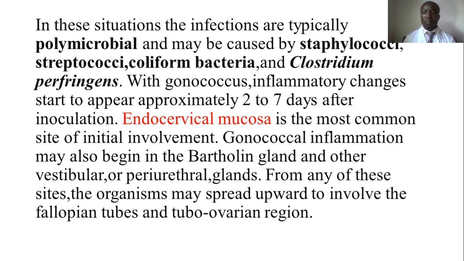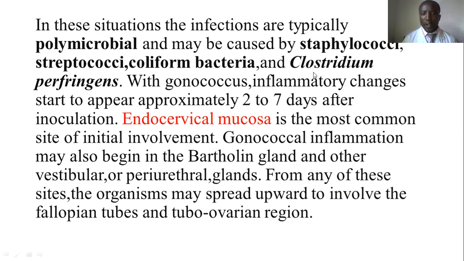That's why I am mentioning gonococci, I'm mentioning chlamydia, and we are also going to see others in this picture. They may be caused by staphylococci, streptococci, coliform bacteria, and Clostridium perfringens.